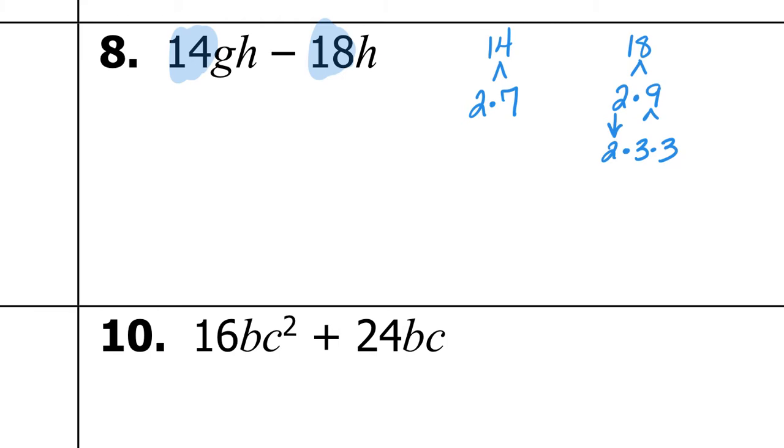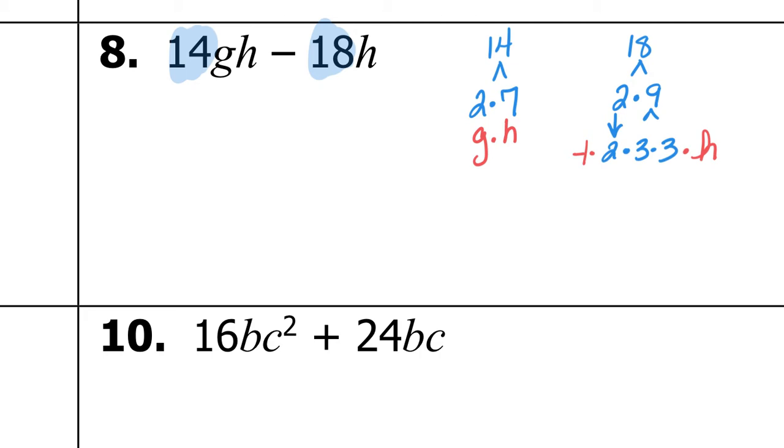And then that's it. If I look at the first term, it has the letter G and it also has the letter H attached. And if I look at the second term, it has an H attached and it's also negative. So I like to throw in a -1 just to help my eyes remember that term's negative.